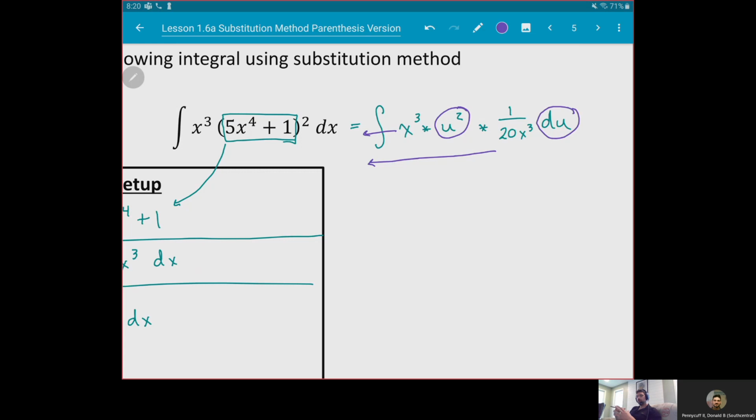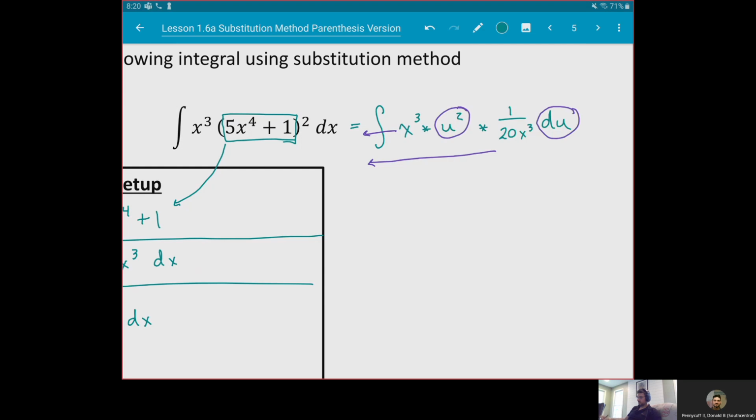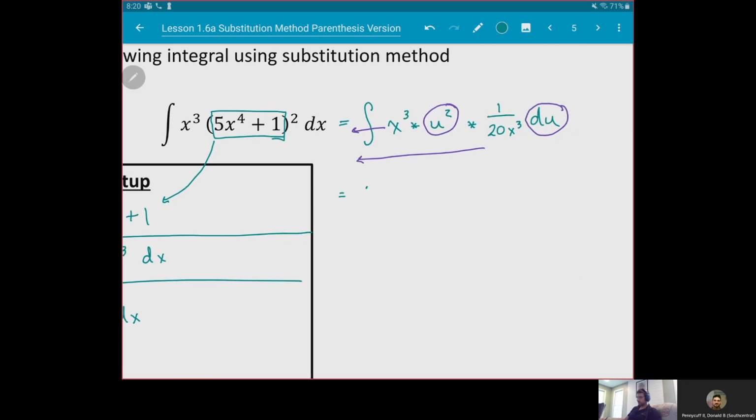They are no longer actually the live letter, and we're not going to deal with their exponents. We're not going to deal with them at all except to cancel them out. And so that's another reason why being careful labeling your d's is very important. So that's going to be x cubed over 20 x cubed times the integral of u squared.